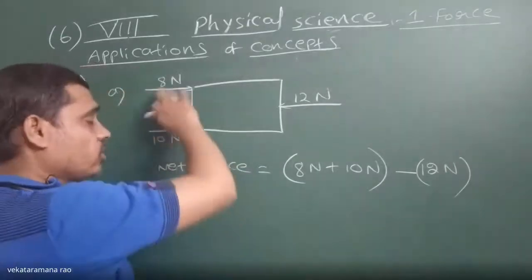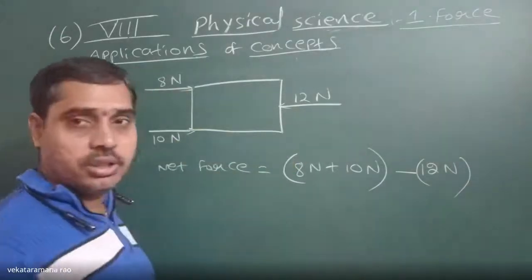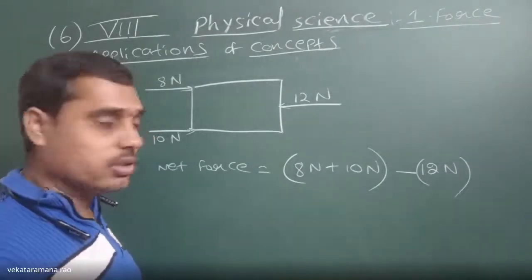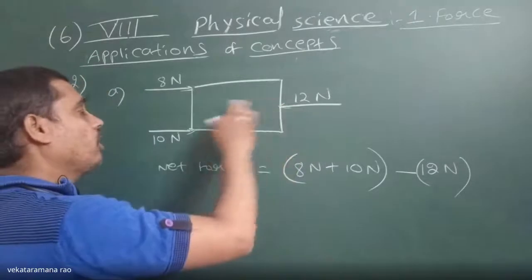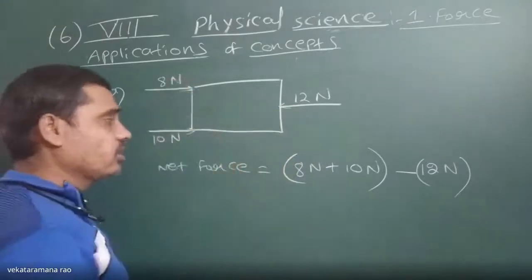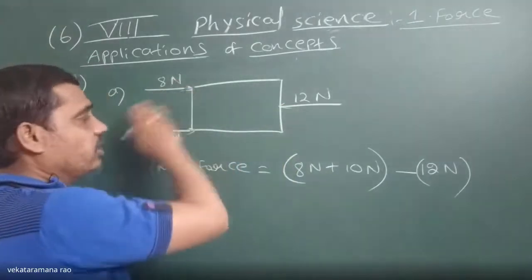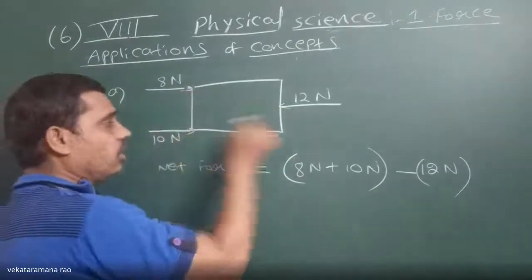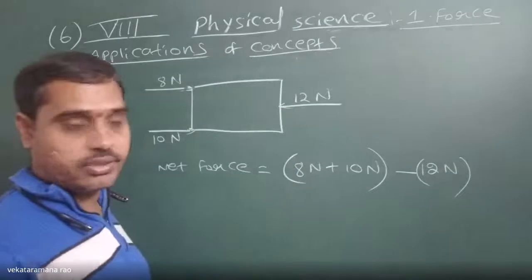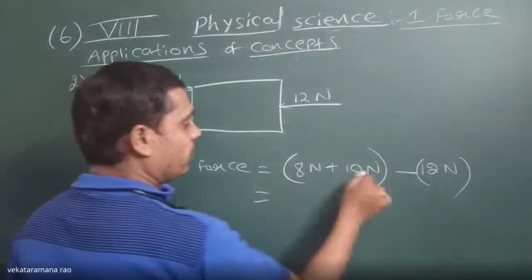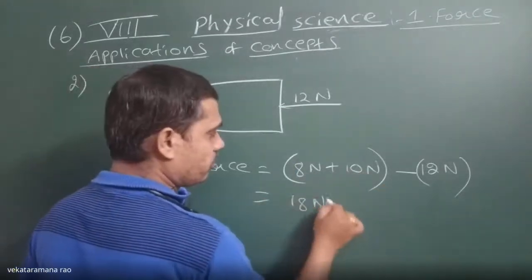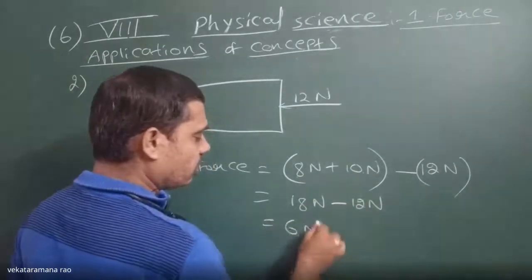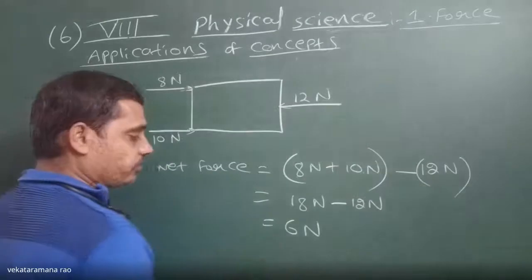If forces are applied in the same direction, then the summation of all the forces gives the net force. As this force is acting opposite to these two forces, and these two are acting in the same direction towards the right side, these two will be summed and this will be the difference. So 8 plus 10, 18 newtons, minus 12 newtons, is 6 newtons towards the right side.